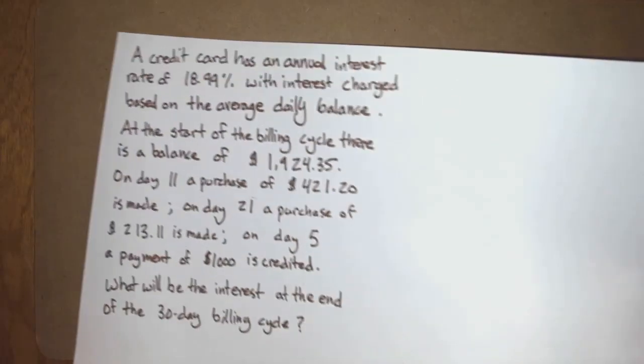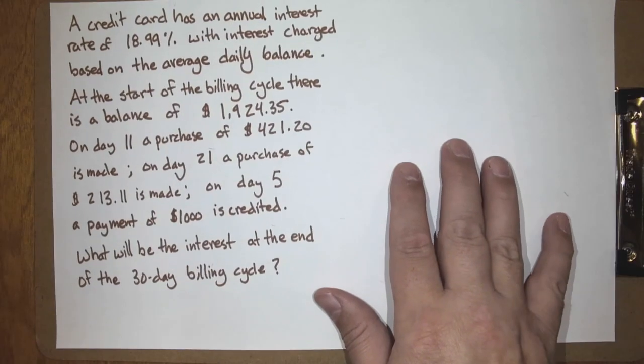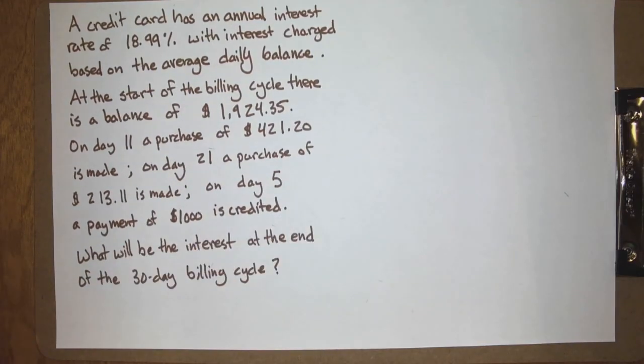All right, last one. If nothing else, we'll finish reading it by the end of the lecture. A credit card has an annual interest rate of 18.99%. Interest is charged on the average daily balance, once per month. A billing cycle is 30 days. At the start of the billing cycle, there's a balance of $1,924.35.